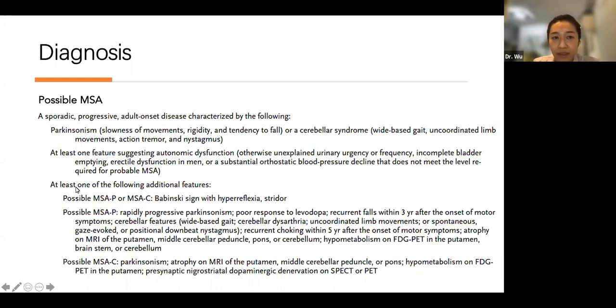And third, the patient should have at least one additional feature as mentioned here. The additional features include possible MSA-P or possible MSA-C features, like the Babinski sign or stridor, rapid progressive Parkinsonism, poor response to levodopa, and recurrent falls within 3 years after the onset of motor symptoms. And lots of additional features are listed here.